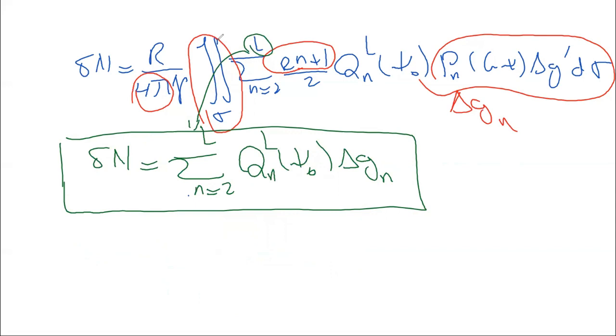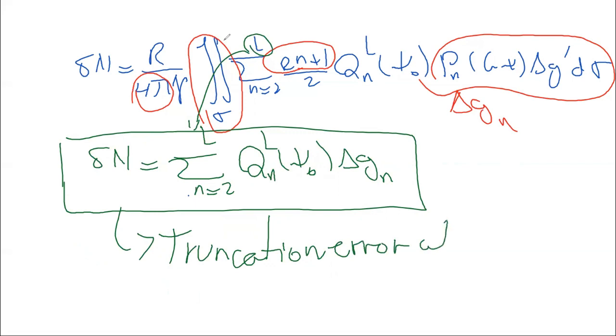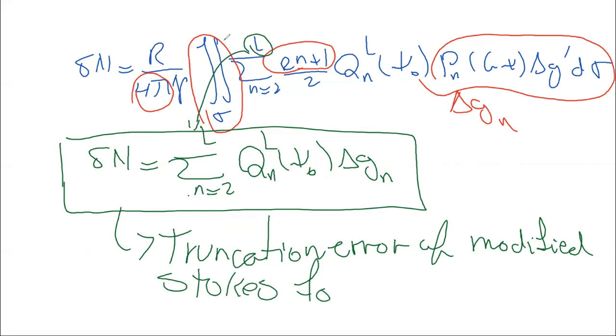That's the truncation error of the modified Stokes formula. So that's the truncation error, but we have not still modified it.